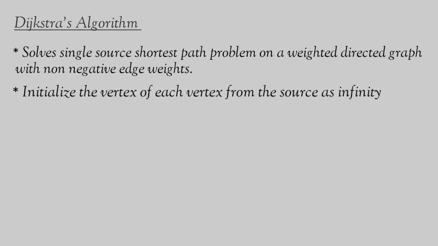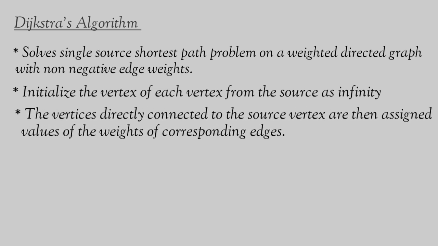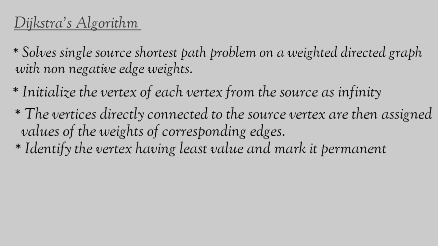Initially, the distance from the source vertex is set to infinity for each of the vertices. The next step is to identify the vertices which are directly connected to the source vertex and then assign the corresponding edge weights to these vertices. Now identify the vertex which has the least value, and the value of this vertex is made permanent.